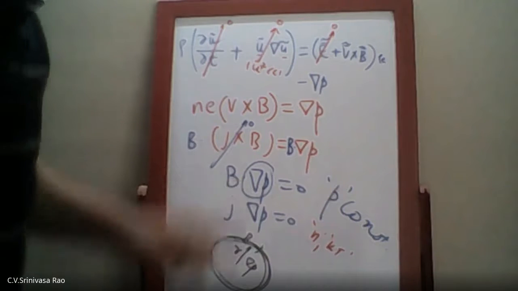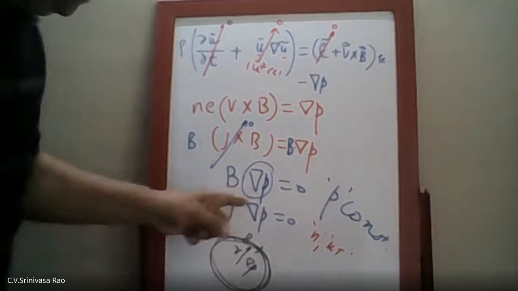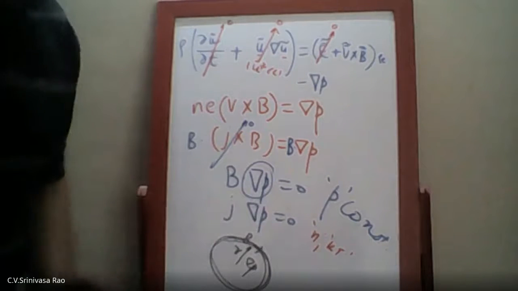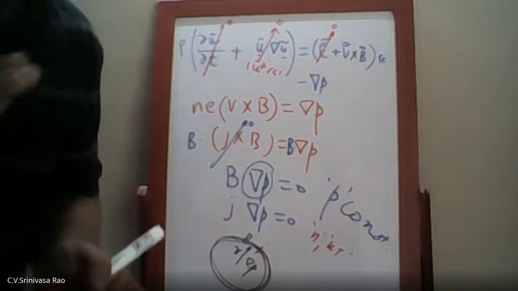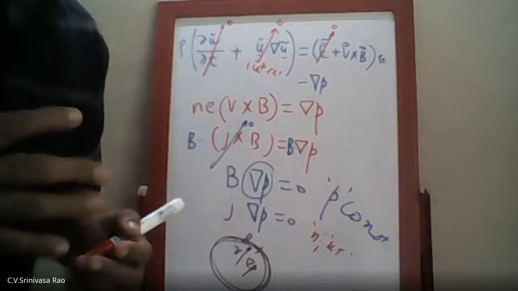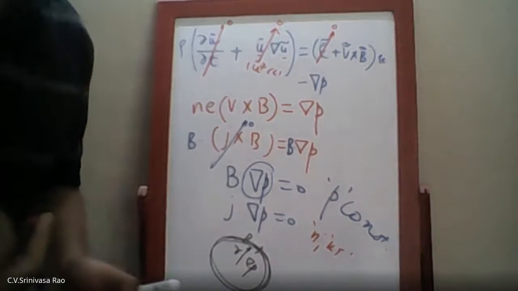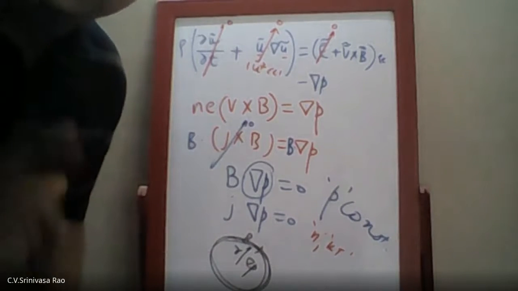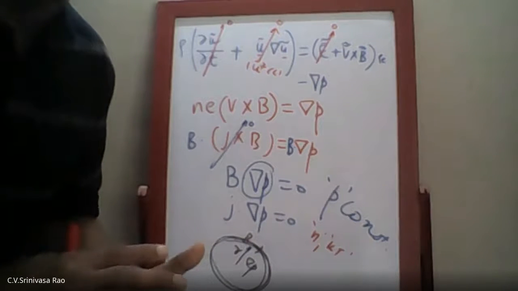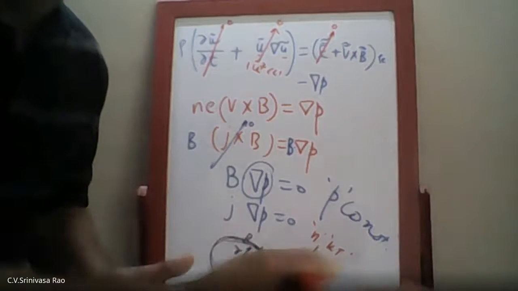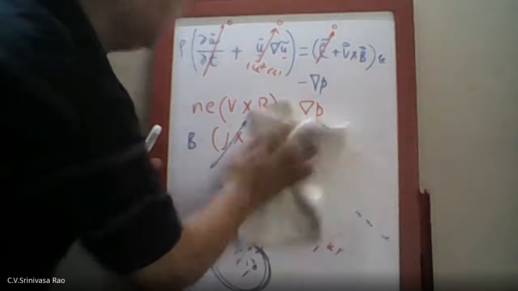Which means that you have magnetic surfaces on which both density and temperature are constant. So there are particles moving along the field lines. You have formed surfaces, so all the particles now will move on surfaces. They will not leave the surface unless there are collisions. So only collisions can move one particle from one surface to another surface.